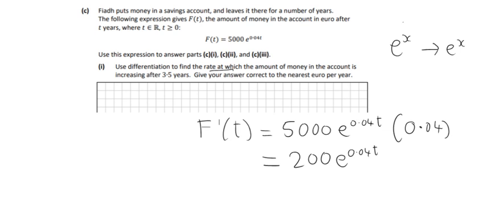Now we need to find the rate at which the amount of money in the account is increasing after 3.5 years. So I'm just putting in 3.5 then in for time.